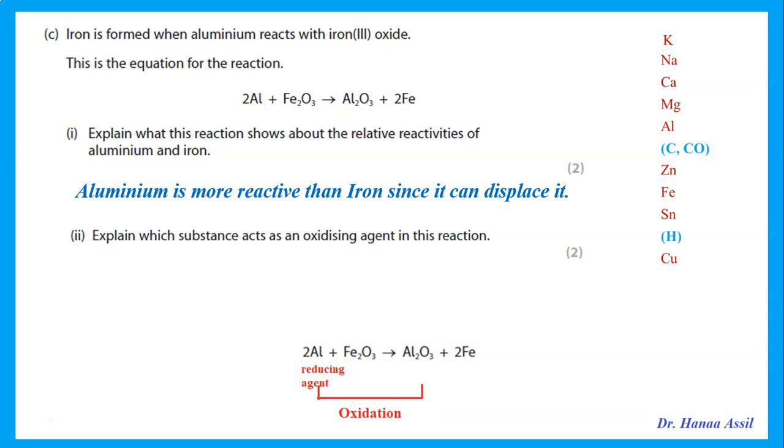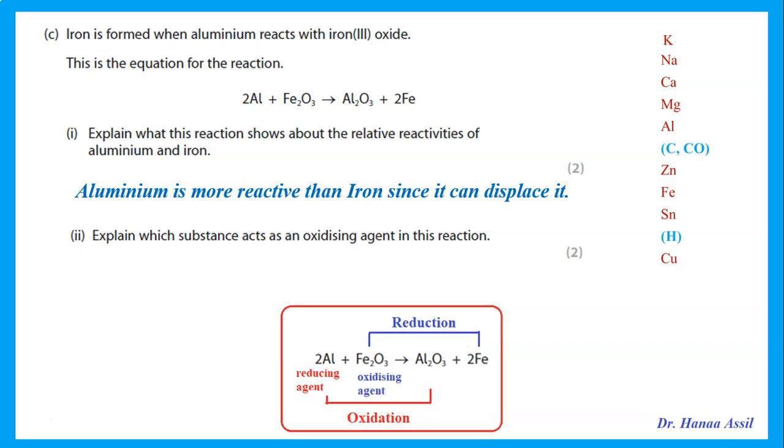What about the iron 3 oxide? You can see that the iron 3 oxide has changed into iron. That means it has lost oxygen. That is reduction. Now, when it lost the oxygen, it gave the oxygen to the aluminium. So that is the oxidizing agent. So remember, which one is the oxidizing agent?